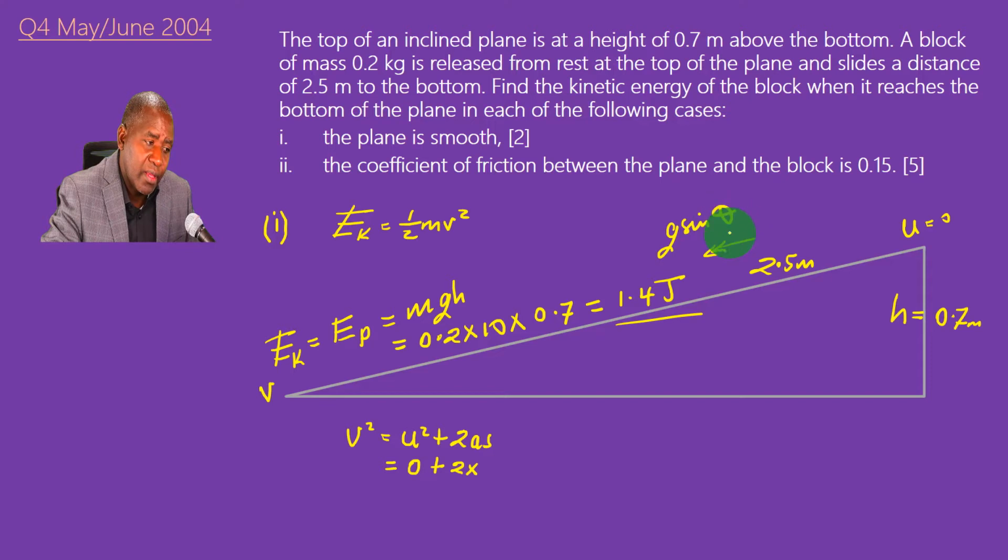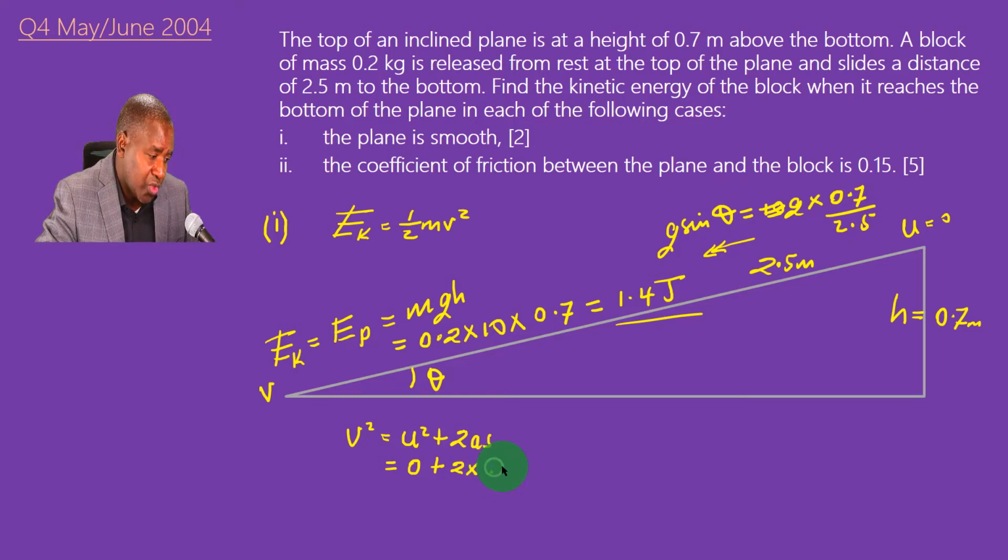sine theta. So g is 10, or let it just remain as g, because I want to prove a point here. Sine of this angle is the opposite, which is 0.7, divided by the hypotenuse, which is 2.5. So that is what I'm going to use here. So g is going to be equal to 10.